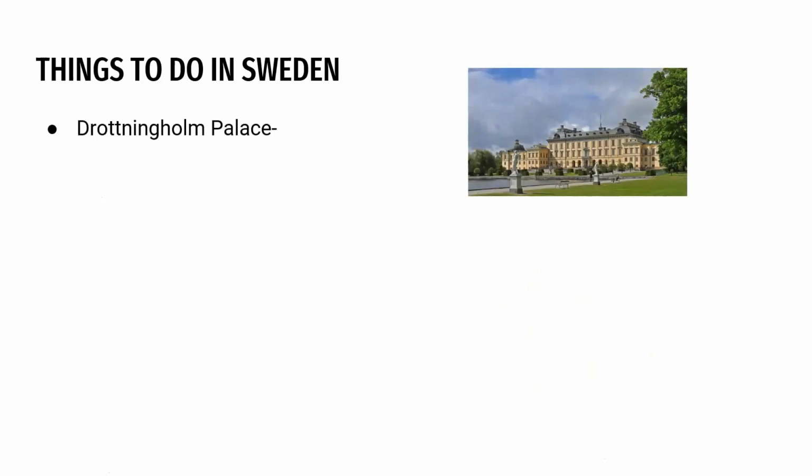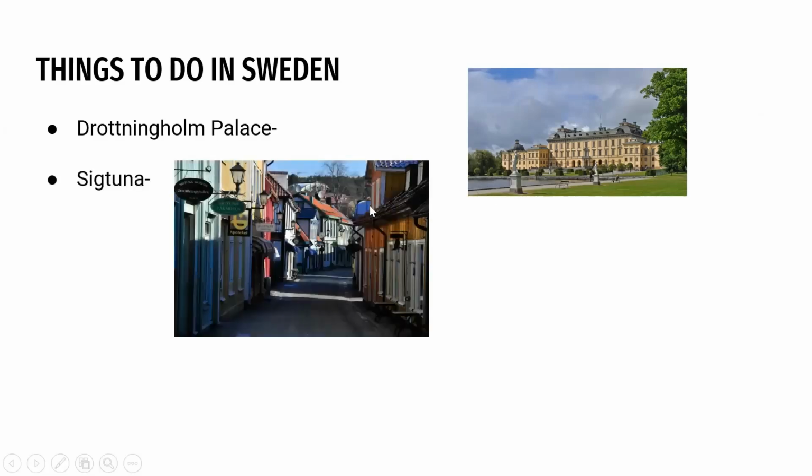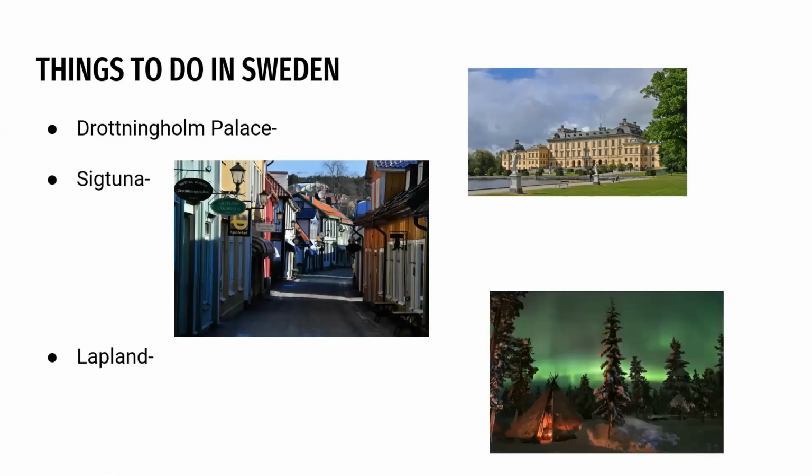So, things to do in Sweden. This is the Drottningholm Palace, the place where the royal monarch stays. Sigtuna is the oldest town in Sweden. Lapland is found in Sweden and Finland, on the border. It is famous for its northern lights, as you can see.